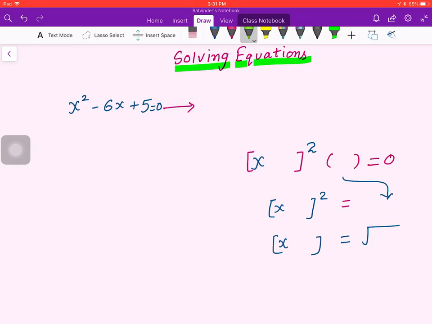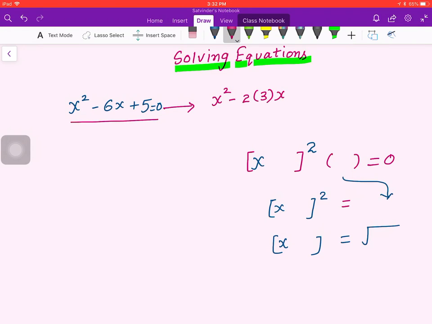I have taken one example already: x square minus 6x plus 5 equals 0. The first job should be to convert it into the complete square. Because we are saying equations, it means equals 0; that's our target. So we'll rewrite it: x square minus 2 times, half of 6 is 3.